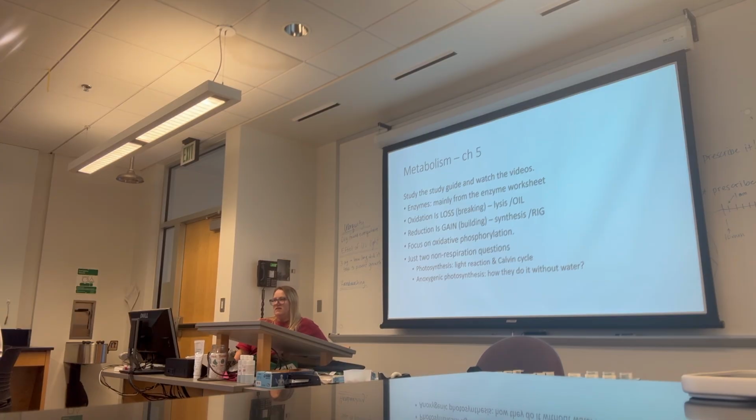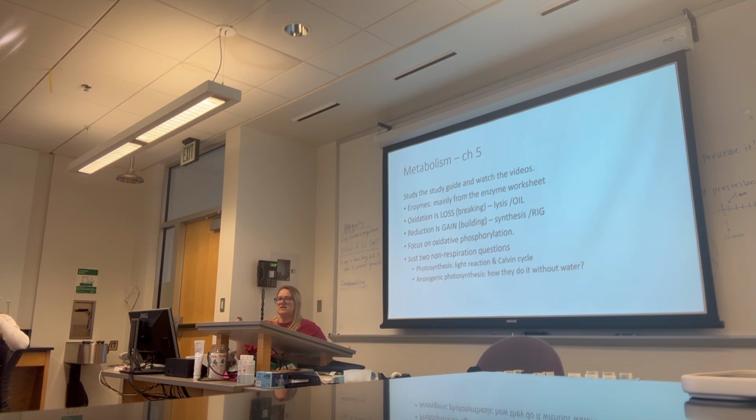Okay, then for chapter 5, you want to make sure you study the study guide for chapter 5. The enzyme part mainly comes from the enzyme worksheet that's on Canvas, and I talk about it in the lecture material. Some basic stuff from this chapter: oxidation is loss of hydrogen atoms, so loss of electrons in the form of hydrogen atoms.